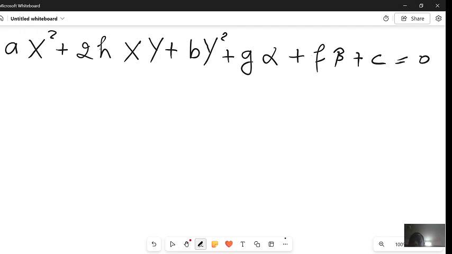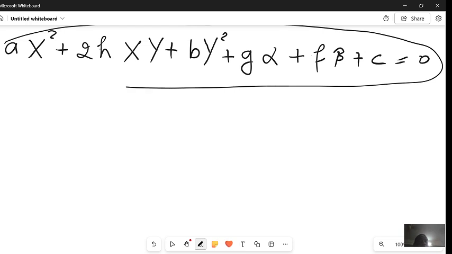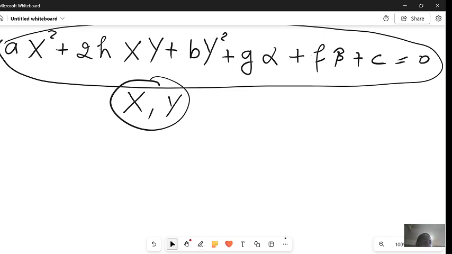The value of beta I have it, the value of c I have it. Now I found this equation. This equation is now in the plane capital X, capital Y. I don't have small x, I don't have small y. We will see some example.